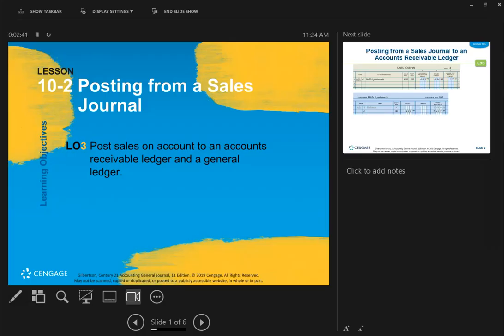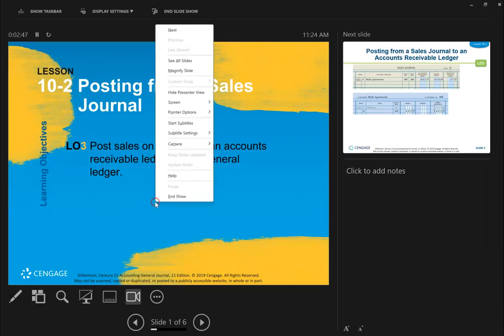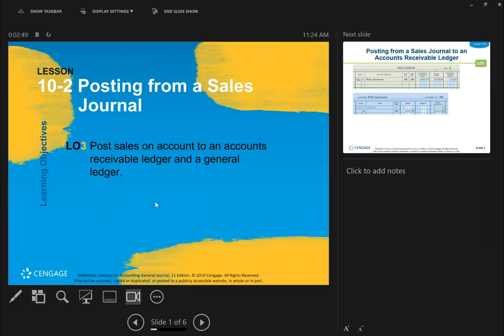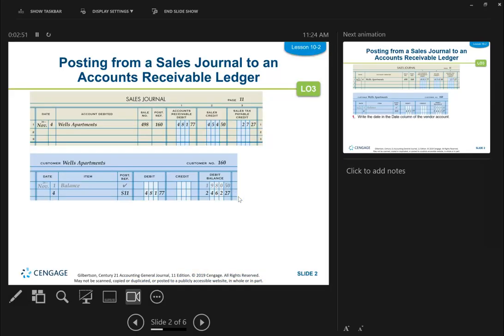So 10.2, we're gonna look at today. What we're gonna be looking at is posting from our sales journal into our accounts receivable ledgers.